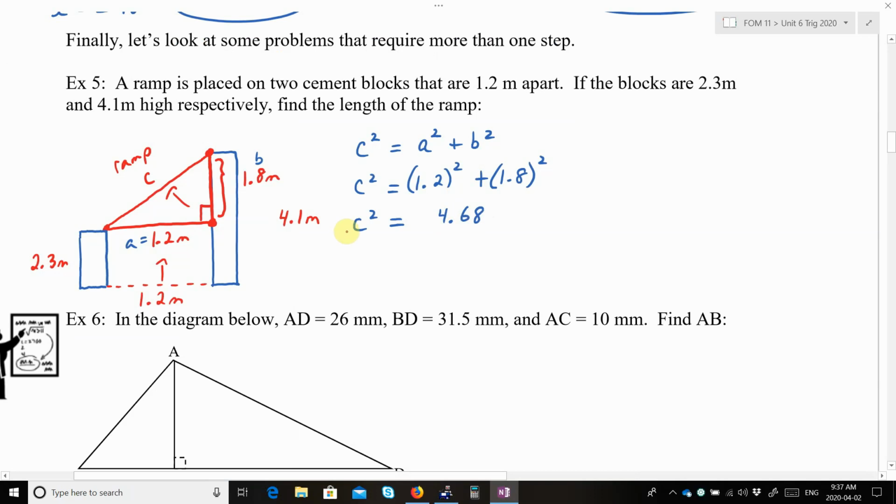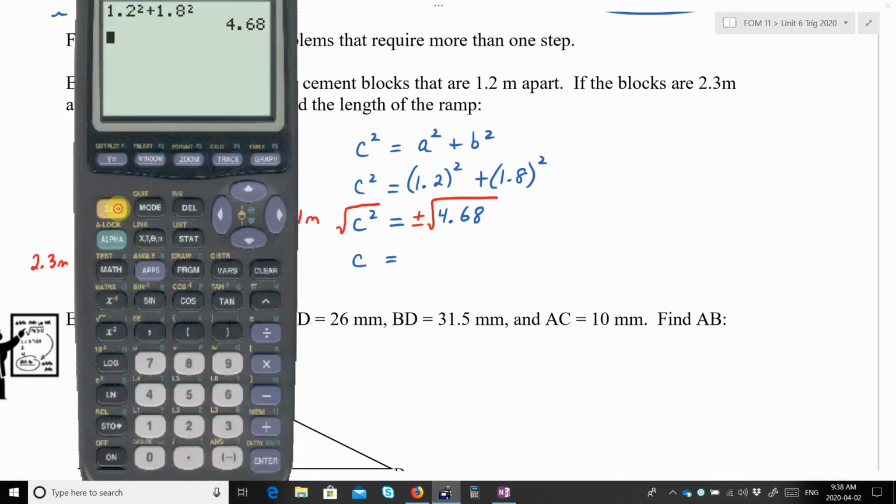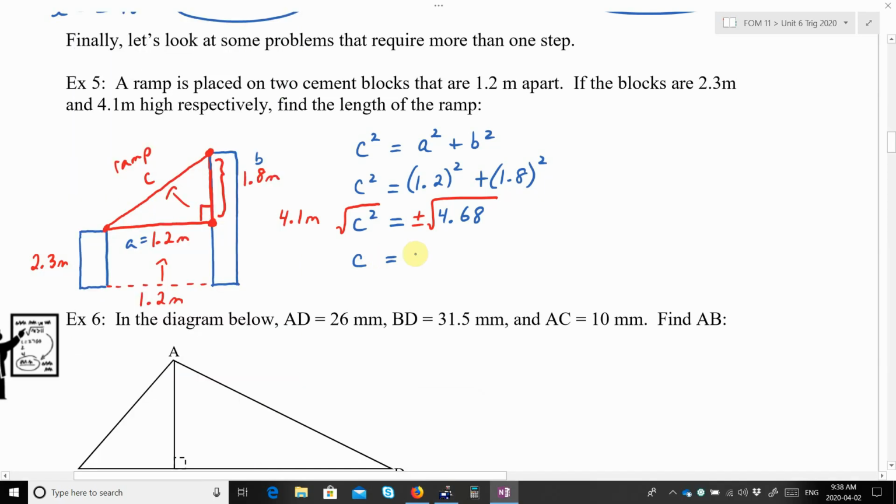Okay, and as usual, to get c by itself, we go square root, could be the plus or minus, because positive or negative will work in the original equation. C is equal to the square root of 4.68, which is about 2.2 if I round to one decimal place.